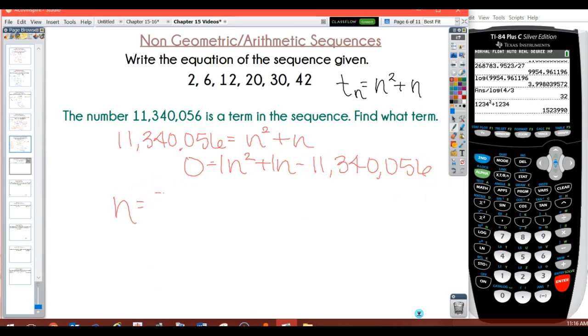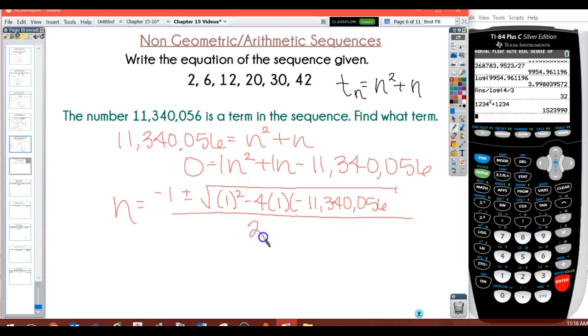So we'll have negative b plus or minus the square root of b squared minus 4 times a times c, all over 2a.